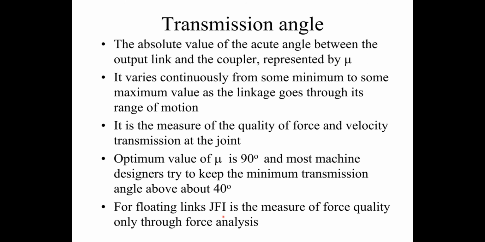But for floating links, this is not sufficient. You have to do a force analysis, and then you look for the joint force index, and you find the amount of force with this index, which is the force quality and velocity quality. So mu is only for links which are connected with ground.